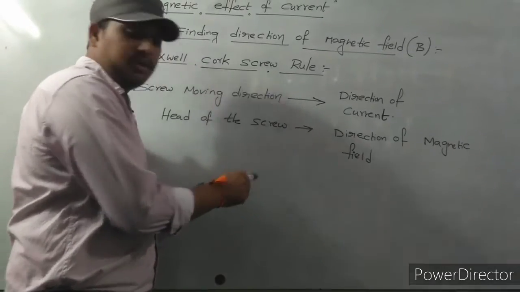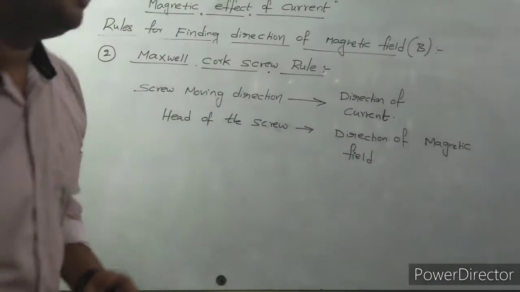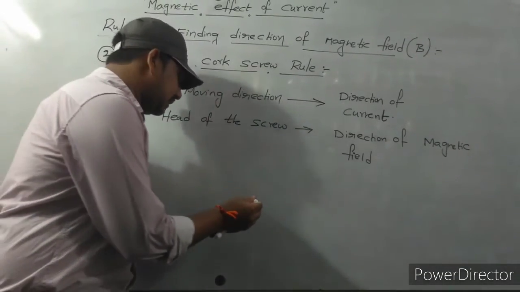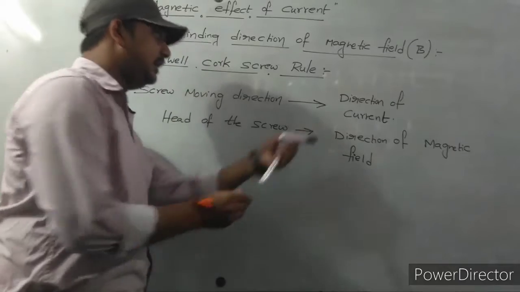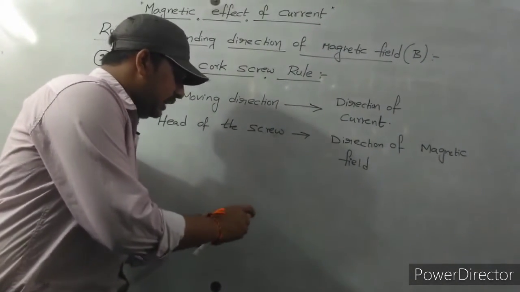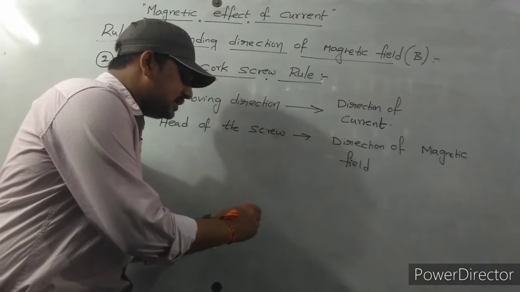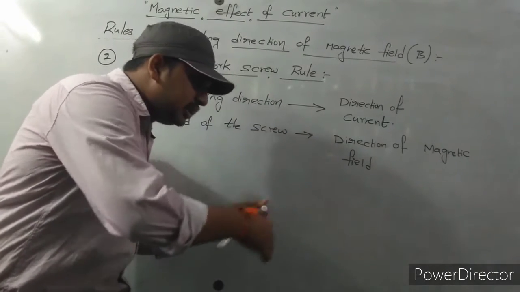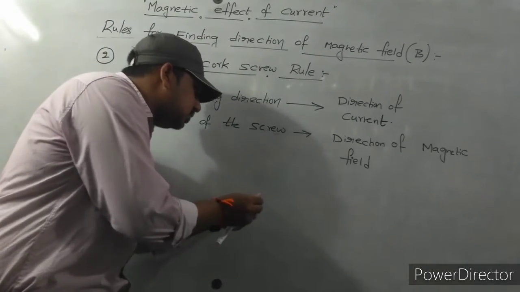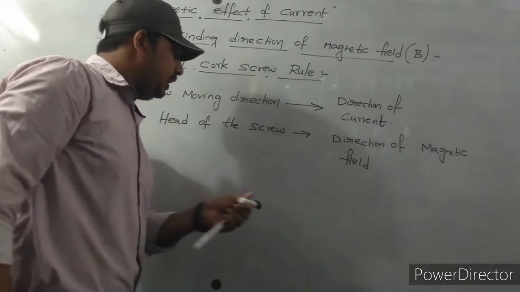So now observe carefully. Here the screw is moving in this direction. Screw moving direction indicates direction of current. And the head of the screw is moving in clockwise direction and the screw moves into the face.